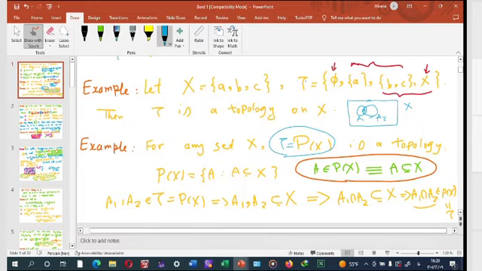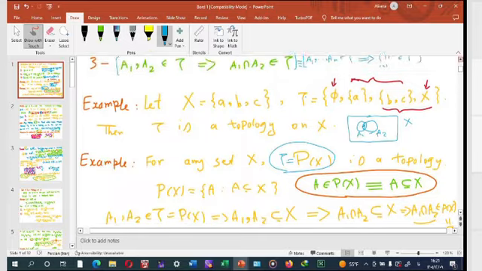Also the intersection of any two elements belongs to tau. For example, the intersection of these two equals the empty set, the intersection of these two equals the empty set, and the intersection of these two equals B and C.